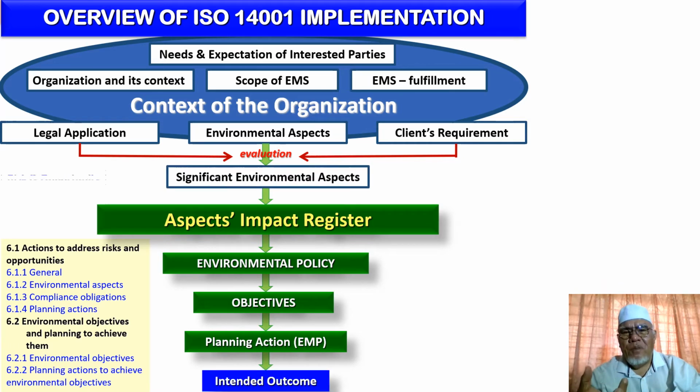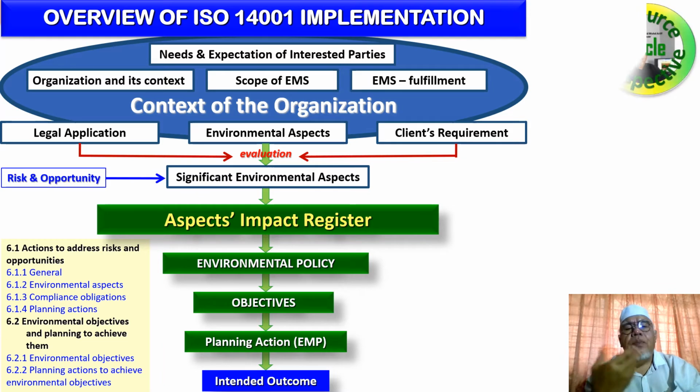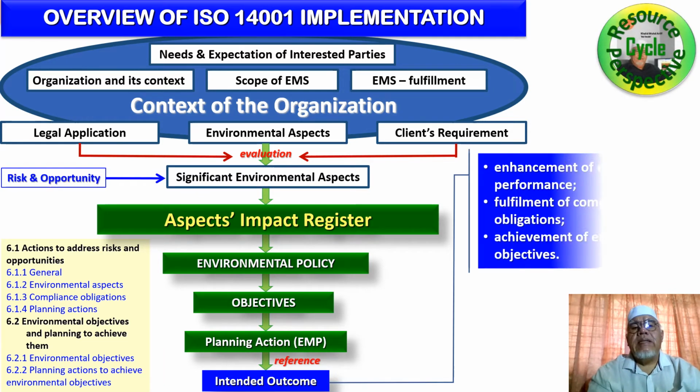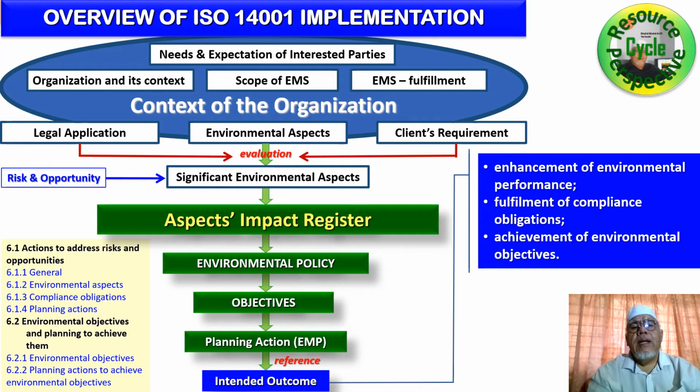What is it for? What do we serve? We have done the input-output analysis, and we have already identified the environmental aspects. This is most important. We identified them based on the input-output analysis methodology, as I mentioned earlier.